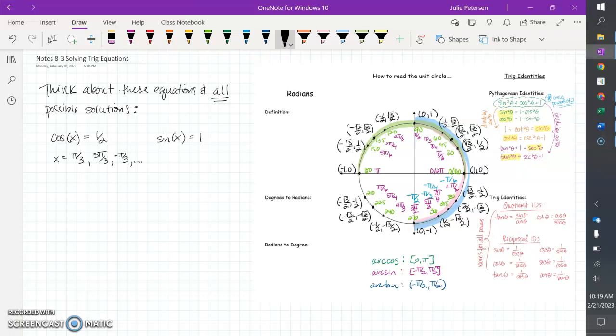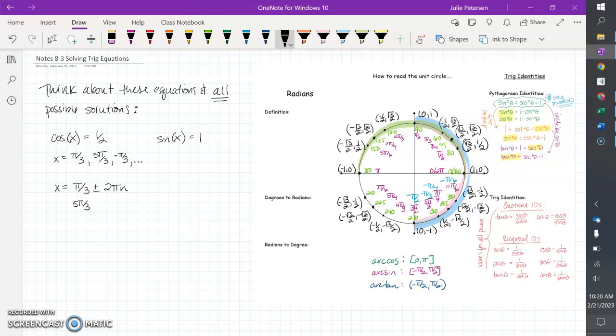So the best practice for this is we'll take the first two solutions that we found between 0 and 2 pi. So I'll take the pi over 3 and the 5 pi over 3. And then to each of those, I'm going to add the coterminal angle. So that would happen at one more revolution. So we'll say plus or minus 2 pi n.